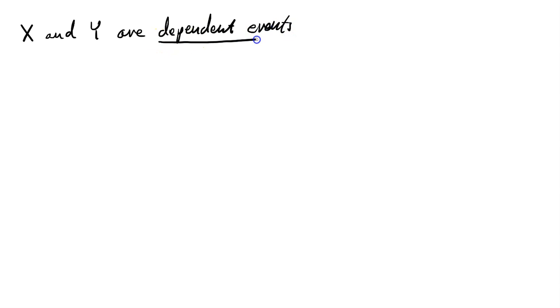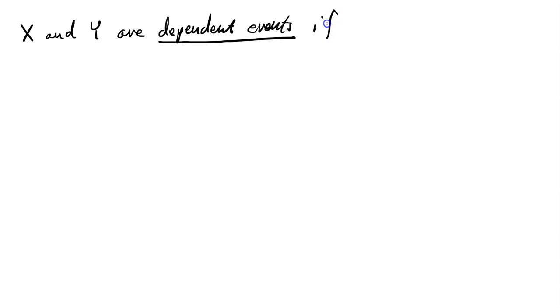Then, having introduced conditional probabilities, we can talk about dependent and independent events. X and Y are dependent events. This is the definition now of dependent events. So what do we mean by X and Y are dependent events?